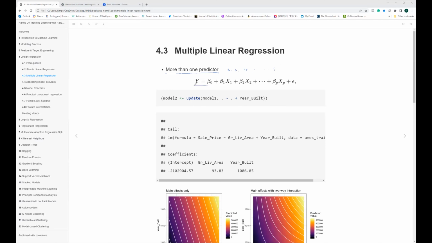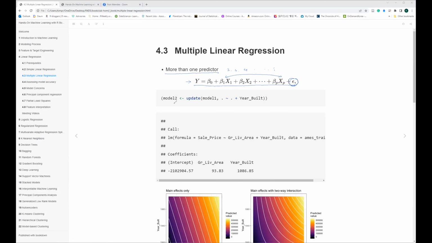So in here, this formula is the very, very basic general formula for linear regression. We include as many predictors as possible depending on our data set. And then there is also an error term here.